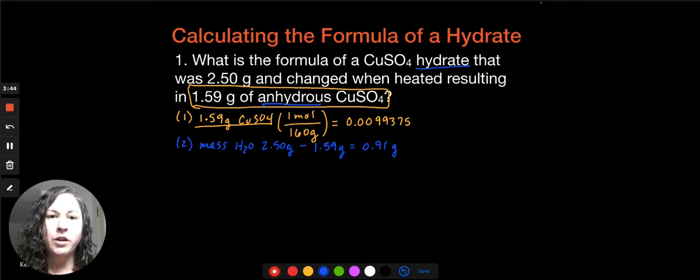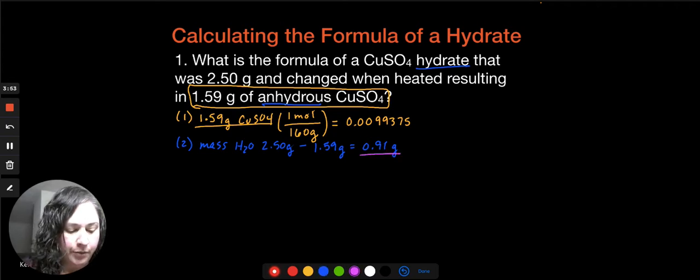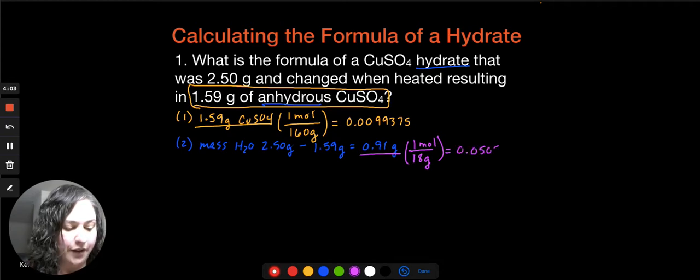Okay. Once we have that, now we're just going to go ahead and convert that into moles, and so I'm just going to go ahead and do that directly here. Okay. And so we know that we have 18 grams for every 1 mole of water, and that gives us 0.05055. Okay.